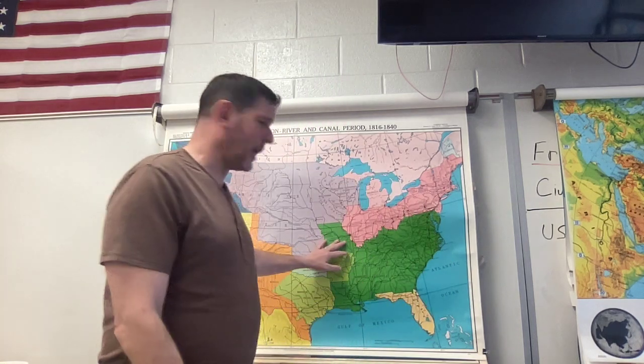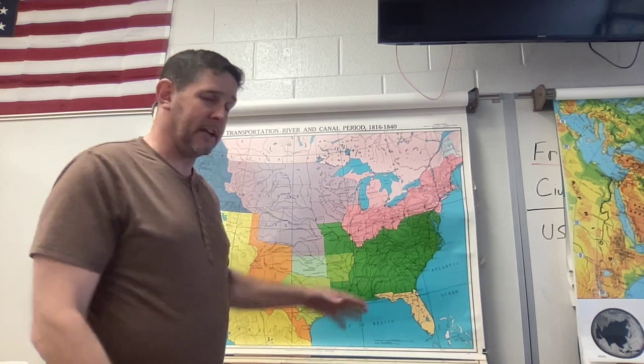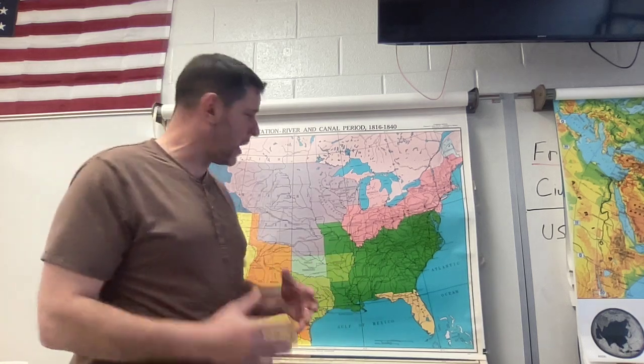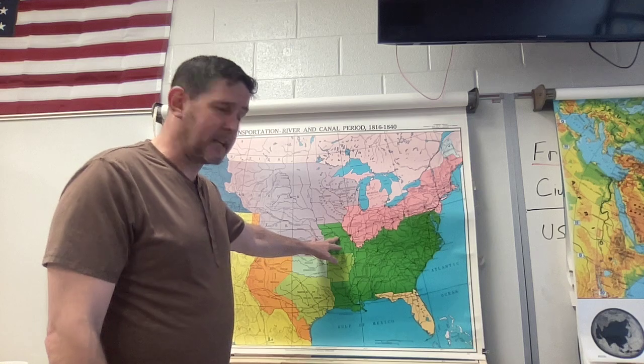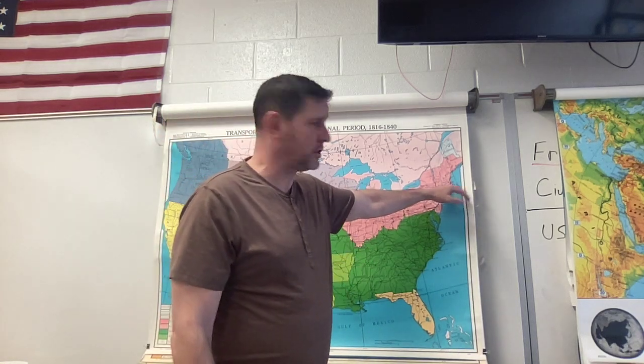It's almost like when Missouri applies as a slave state in 1819, and Henry Clay has to come in and work out the Missouri Compromise. If Missouri comes in as a slave state, a free state had to come in. Massachusetts relinquishes its claim on what's now Maine, and Maine will come in as a free state.